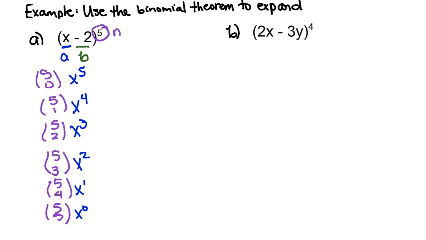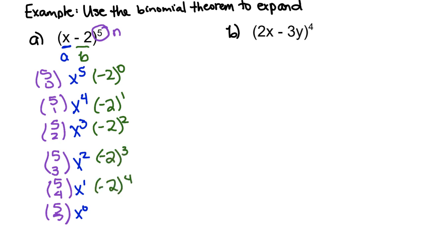Then we take the -2 and say, my exponents here need to add up to 5. 5 plus 0 is 5. 4 plus 1 is 5. 3 plus 2 is 5. Then that's going to be 3, 4, 5. That's the setup each time, and then you simplify it and add the pieces together.